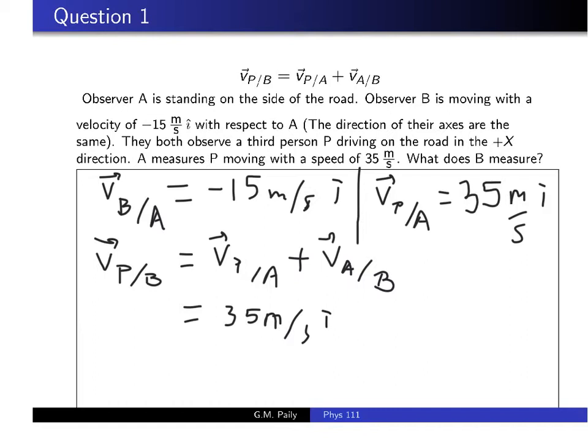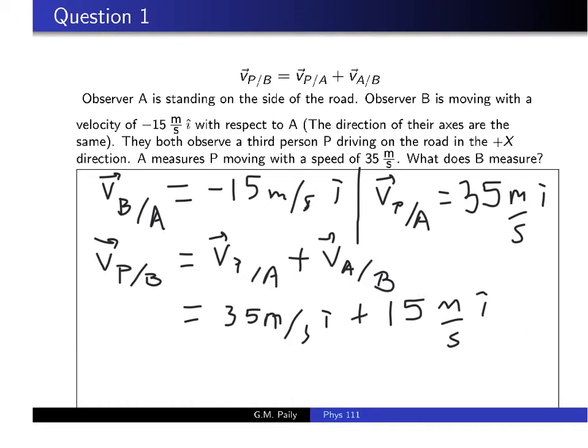After all, if A sees B as moving forward, then B would see A as moving backward, and vice versa. In this case, A sees B as moving backward in the negative i hat direction, and so B would see A as moving forward in the positive i hat direction with a speed of 15 meters per second.